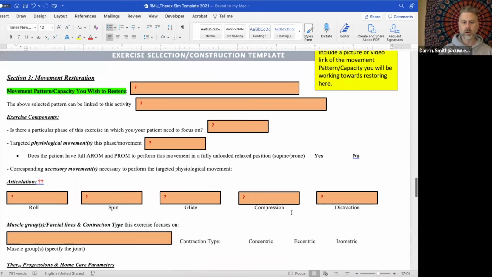So then we want to know next, does that patient have full active range of motion and passive range of motion in a fully unloaded, relaxed position prior to even training them? So let's say the person's not in pain, because pain's a whole different ballgame.